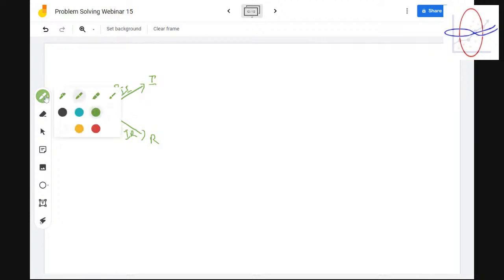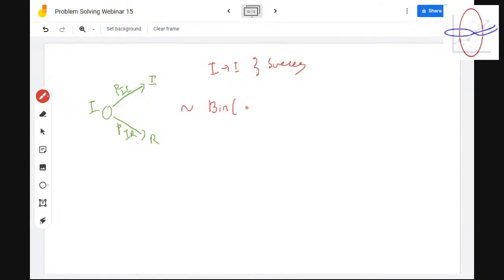If I ask you what this follows, can someone tell me? If I to I is a success, this follows sort of binomial. Actually this follows binomial, but what I will do is the following.